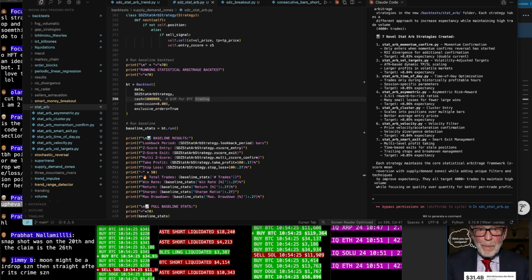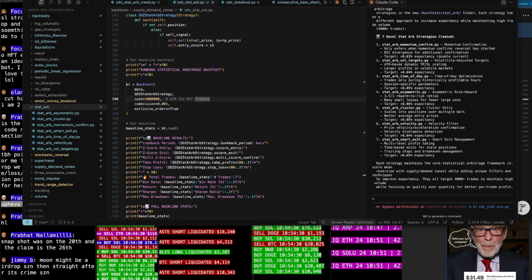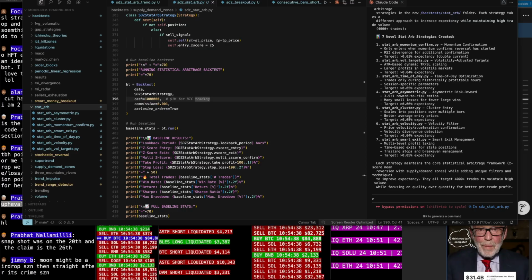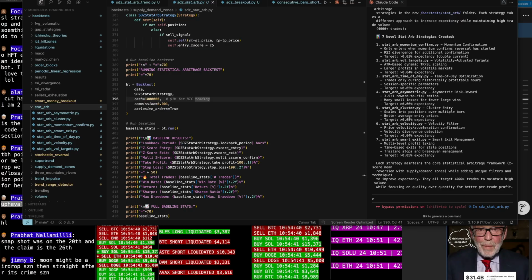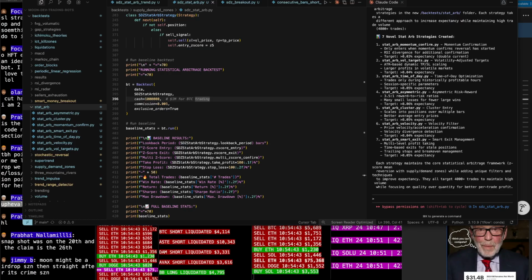So that's not gonna work. There's a problem where I was in a position and it hit the emergency close because it thought I was in a daily loss, but in reality, you've got to do the equity plus any open position size. You can print debugs if you'd like. Okay, so that's interesting.